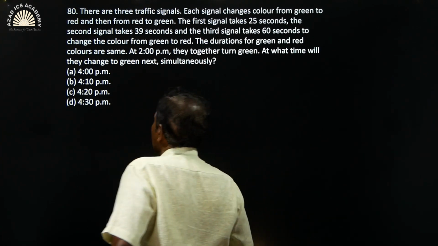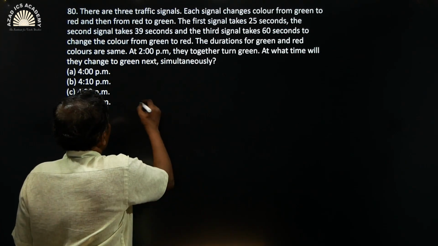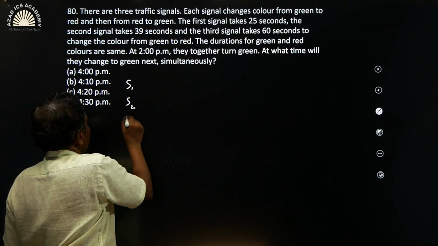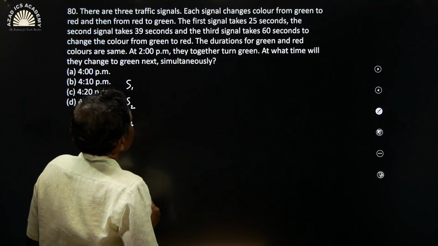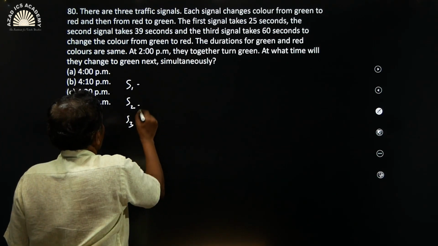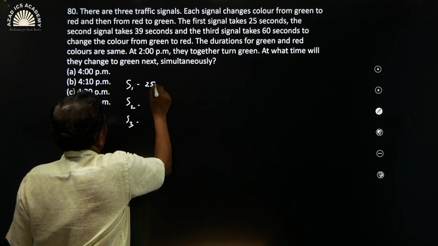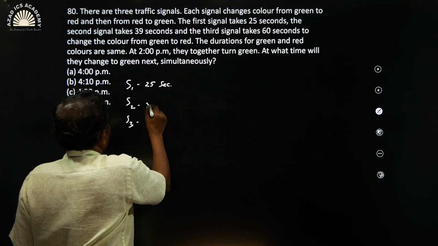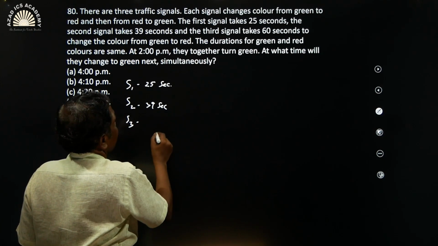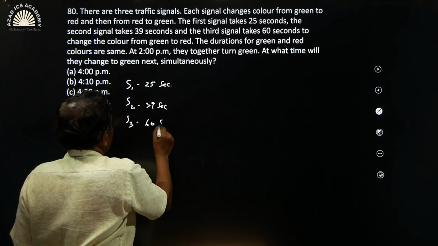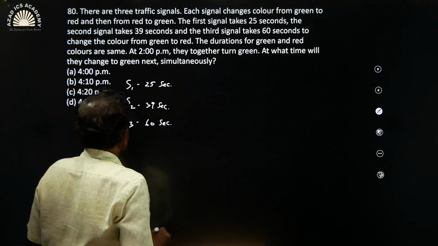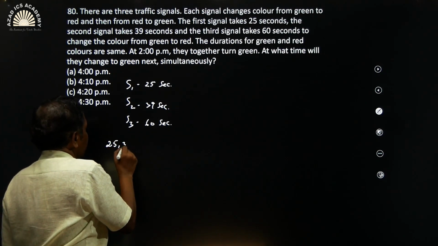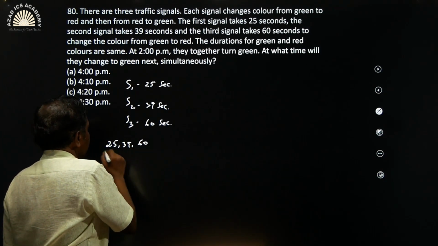Right. Let us take the LCM. What is the LCM of signal 1, signal 2, signal 3? Signal 1 changes in 25 seconds. So now LCM of 3, 25, 39, 60.